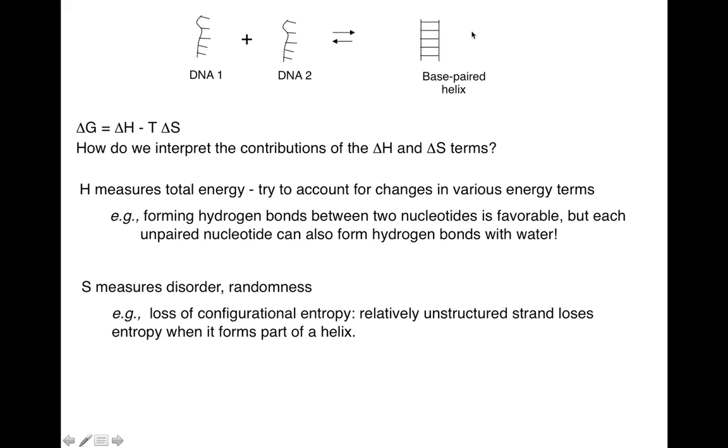These are more flexible than this structure, so there are more ways of sampling rotations about bonds and angles here than here. This is a less constrained system. So these will likely lose some of the so-called configurational entropy when it forms part of a helix. So that would actually be a negative contribution to the binding. This, in terms of entropy, that might be favoring this.